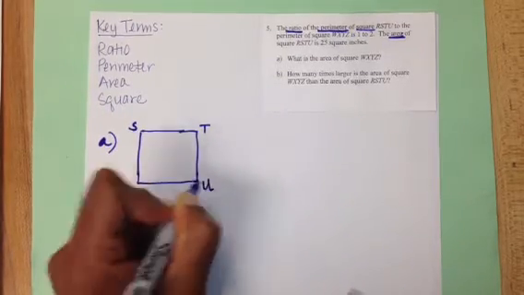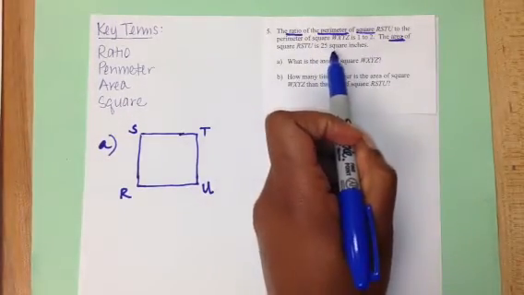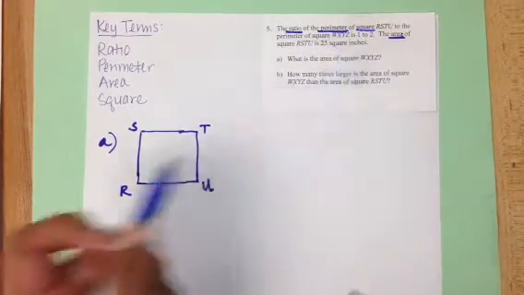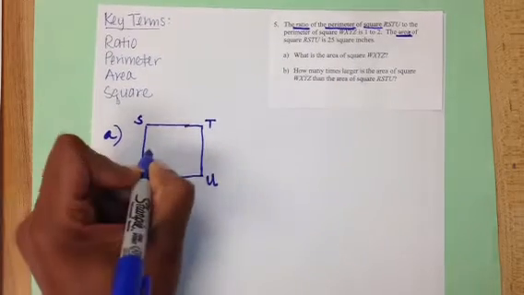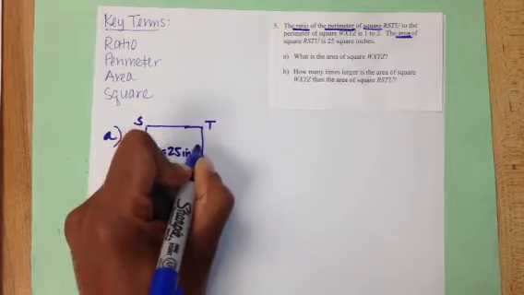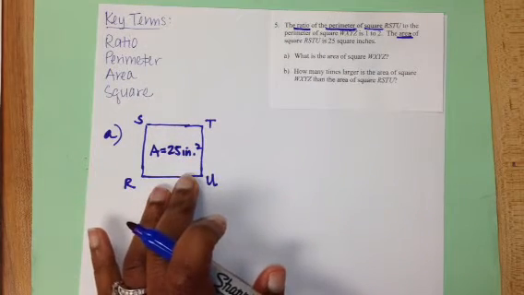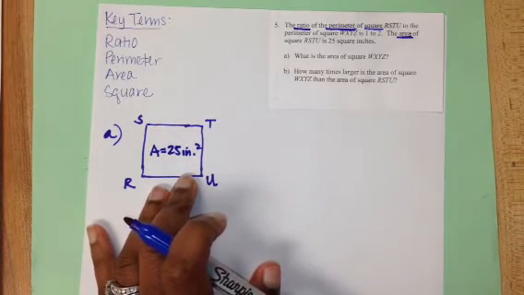And it says here that RSTU is 25 square inches. So that is the area of this square. If we know that the area of square RSTU is 25 square inches, we need to find the area of WXYZ.